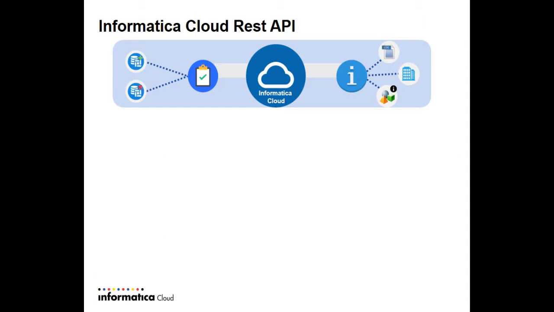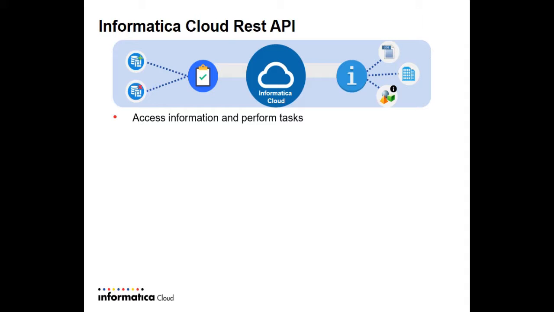We will discuss the Informatica Cloud REST API in the coming slides. Let us start with an overview of the Informatica Cloud REST API. You can use the Informatica Cloud REST API to access information from your Informatica Cloud org, as well as perform tasks such as running tasks and task flows and updating connections and schedules.